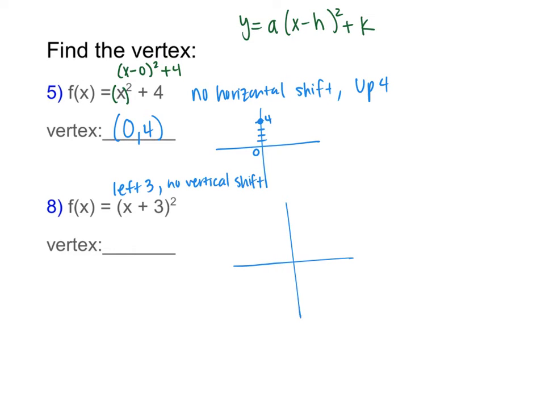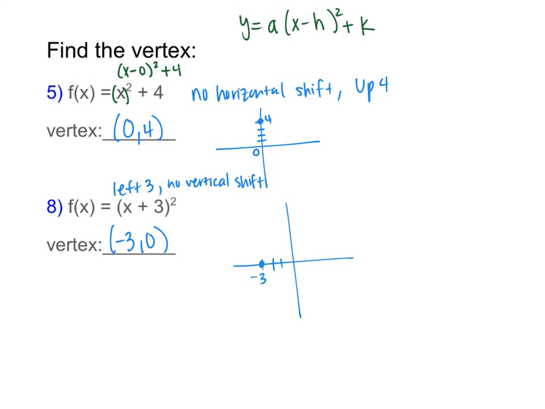So it's like you have a graph, you went left 3, so you're at negative 3, but you didn't move up or down, right? So there's no vertical shift. That means you have to sit on the axis, where the y here equals 0, right? Y equals 0 here, so it's just going to sit right there at negative 3. And so this is your vertex. It looks like it's at negative 3, 0. And then that's it. That's all you can do.